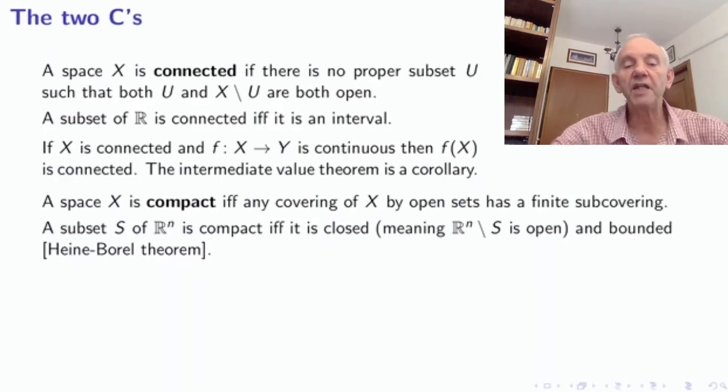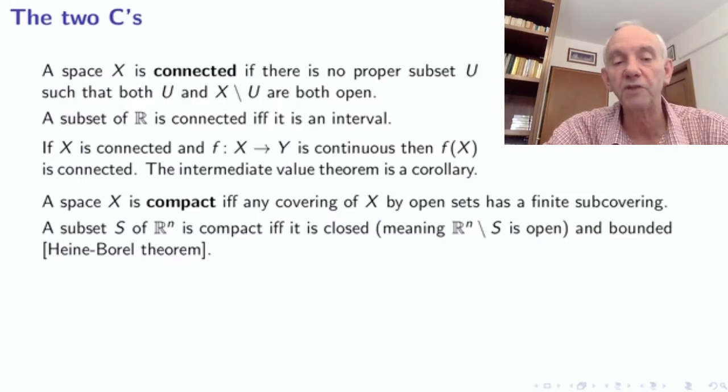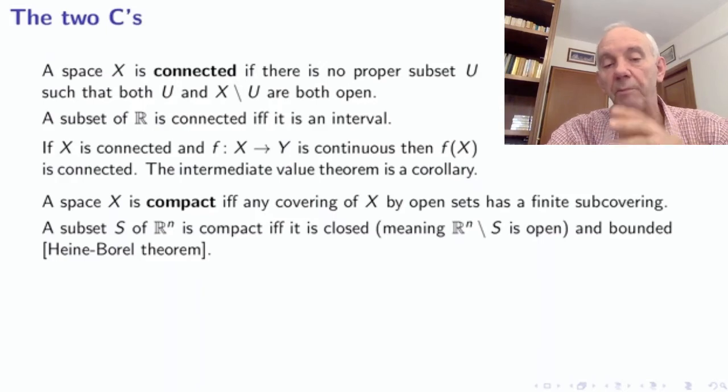But you don't really need this abstract definition in this course because we'll only be working with Euclidean spaces and their subsets. In that context, a subset is compact if and only if it's both closed and bounded. Now, closed simply means that its complement is open, although you can also interpret closed in the usual sense of limit points.